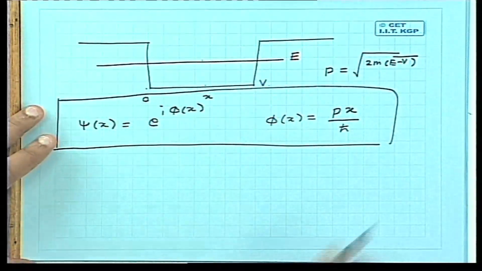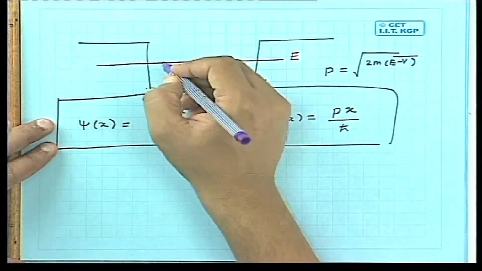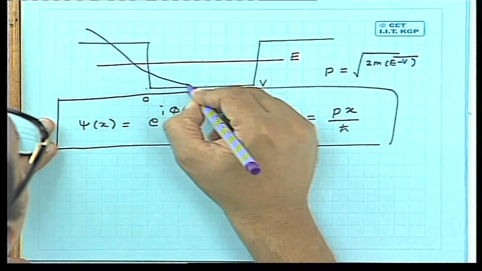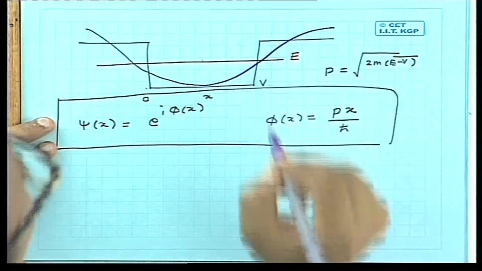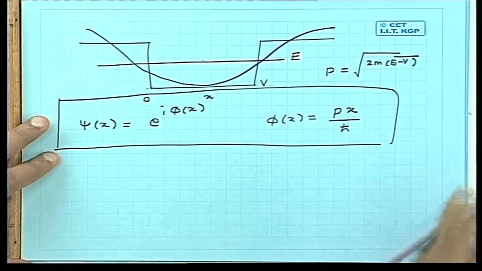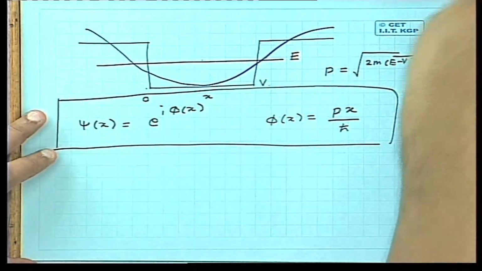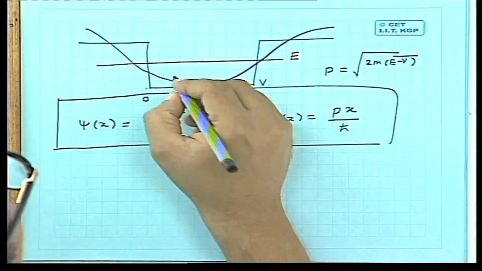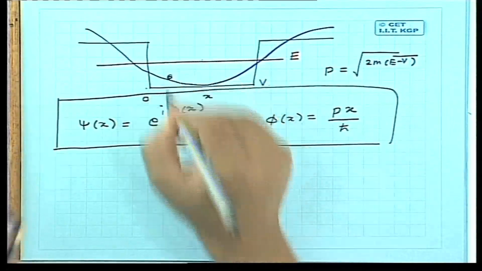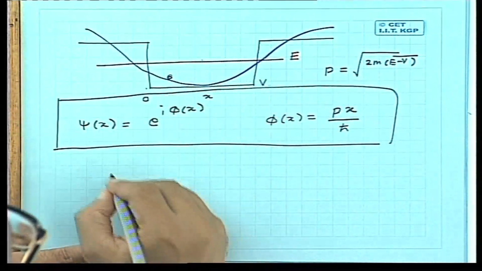Now if the potential is not a constant but is varying, what happens? Now the momentum of the particle, if I have a particle moving here classically, will be a function of the position.